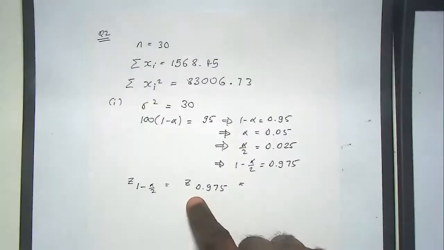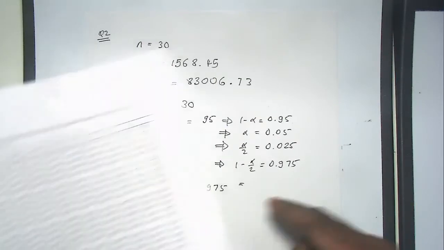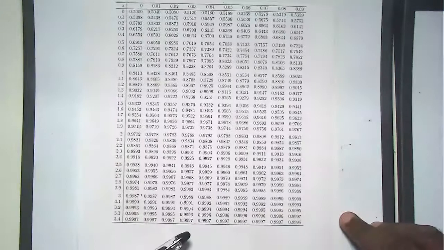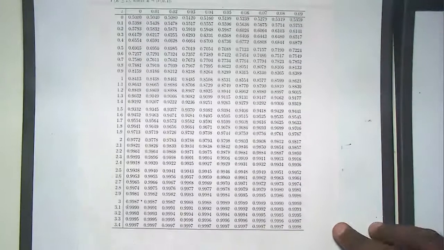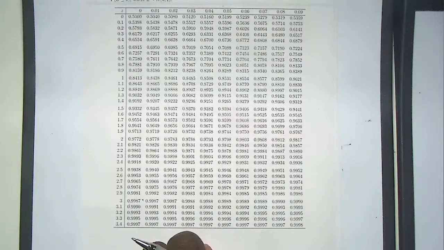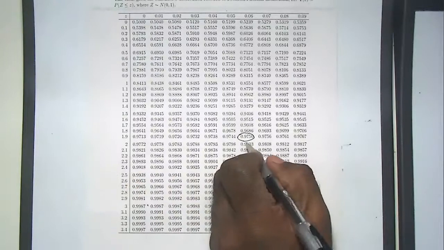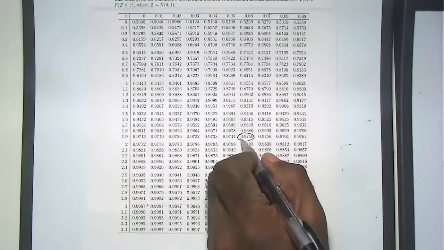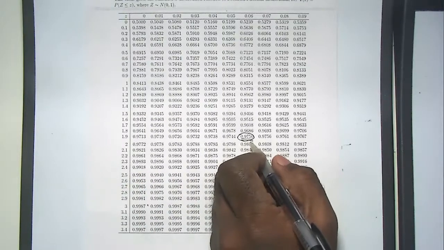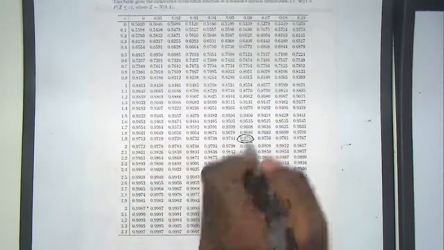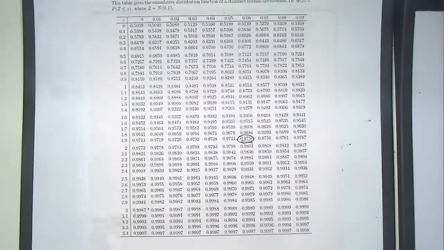What you need to look for is 0.975 inside the table. Can you find 0.975? Here. This is 0.975. Can you see it, guys? There is a 0.975 inside the table, which corresponds to 1.96.